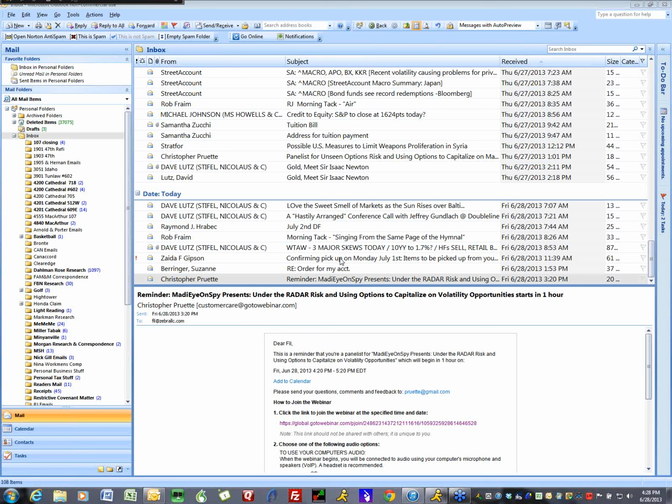So just to get up to speed, the key topics are going to be centered around the issue of volatility, and specifically there are two types of volatility that we're going to be talking about. The first is implied volatility, and the second is historical volatility.